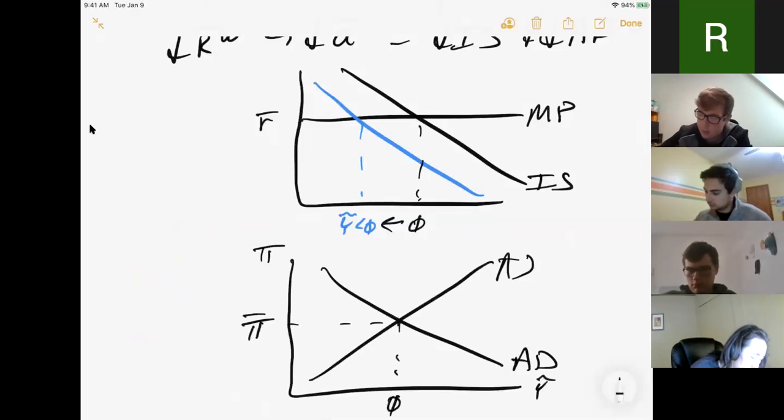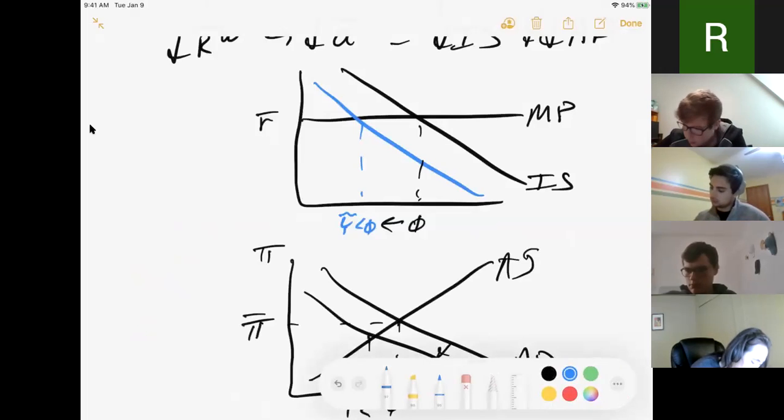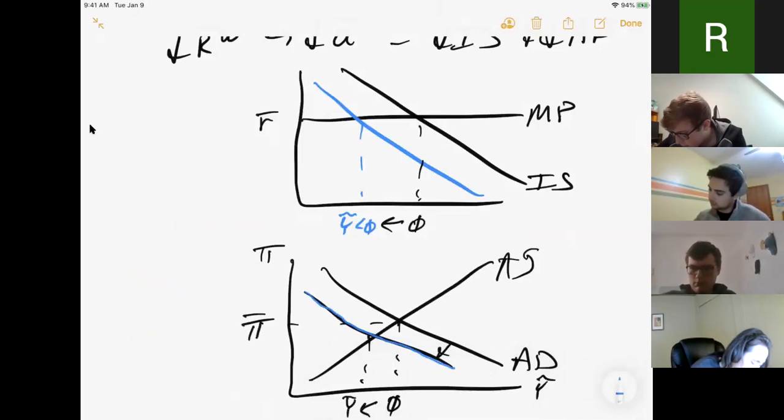What happens in this model? Well, at least initially, short run output falls.